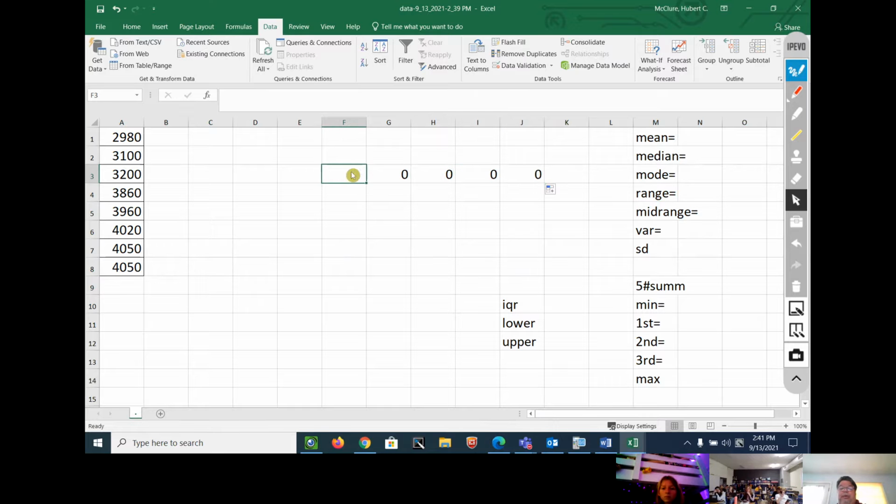And I'm going to subtract standard deviation. It's supposed to be a minus symbol. And I'm going to copy that 2 places to the left. Okay. So here we go.